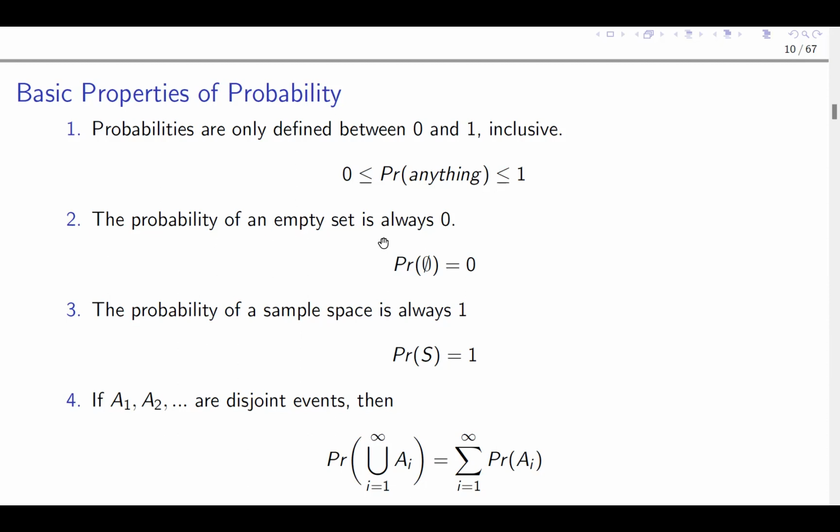Now, number 4, if A1, A2, and so on are disjoint events, then the probability of their union is equal to the sum of their probabilities. Okay, so what we are saying here is this.